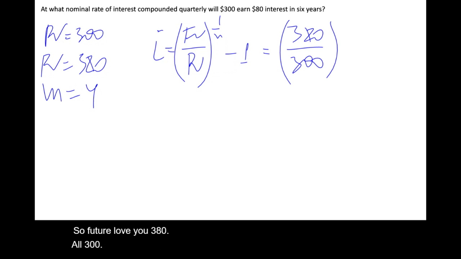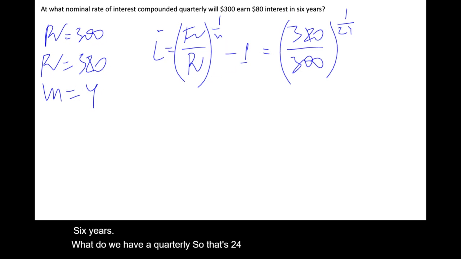6 years. So what do we have? Quarterly, so that's 24, right? Minus 1.